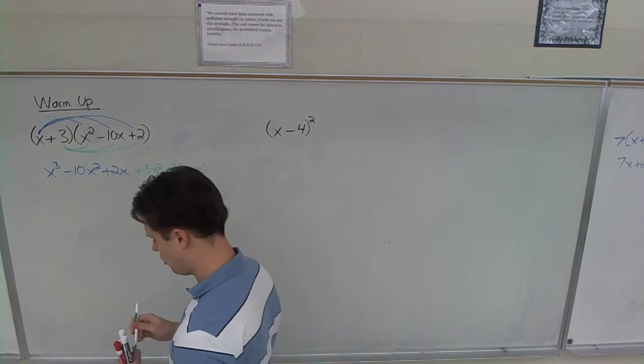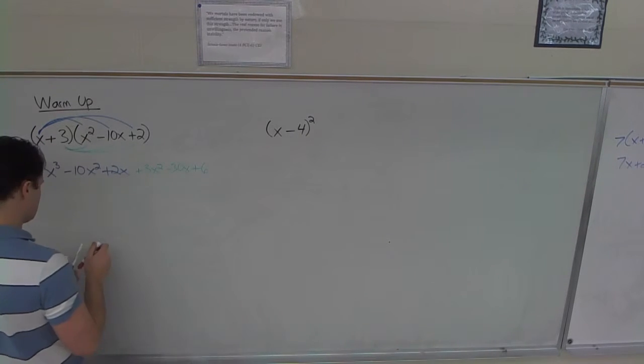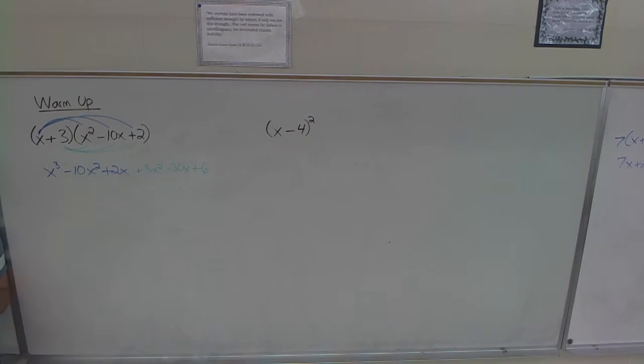Sweet. Okay, let's see. Colton, can you tell me what's the same? Are there any like terms I can put together? Colton's saying we can put those together, all right. Nothing with this one? Just x cubed, it's going to fall down. What are those going to be, Tristan? 3 and negative 10.